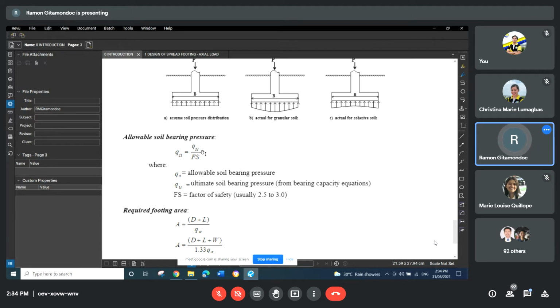The things that need to be considered in prescribing the factor of safety can be the number of data. For example, the more data you gather from the field, the more certain you are regarding the actual soil profile. But of course, more soil data will entail additional cost. So there should be a balance between the number of boreholes that you will require to be conducted.